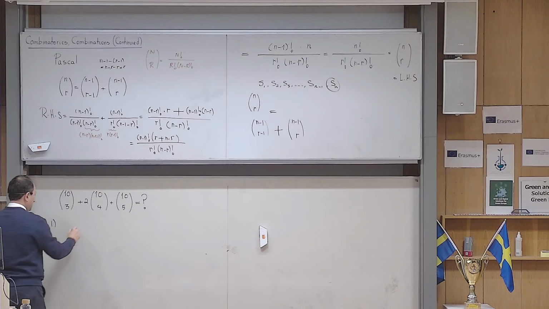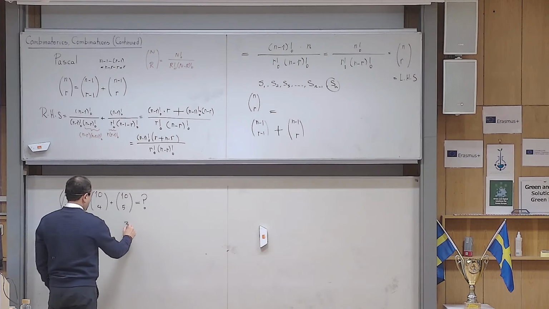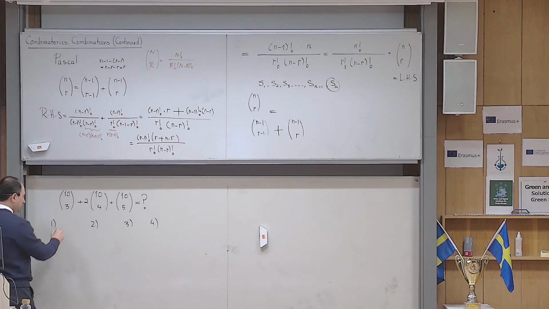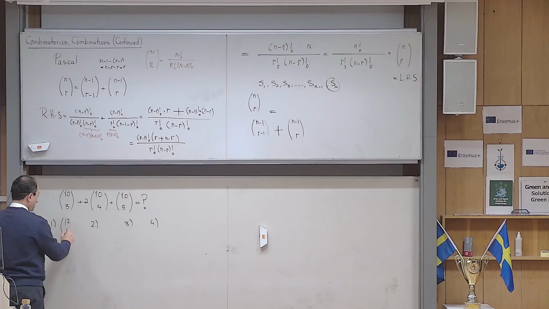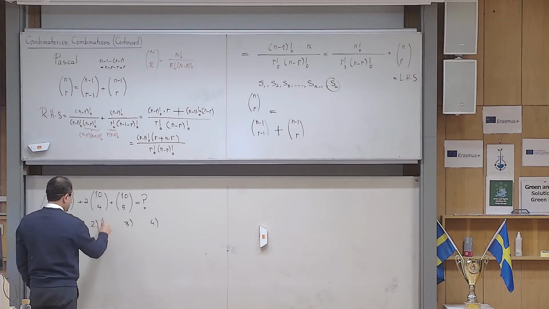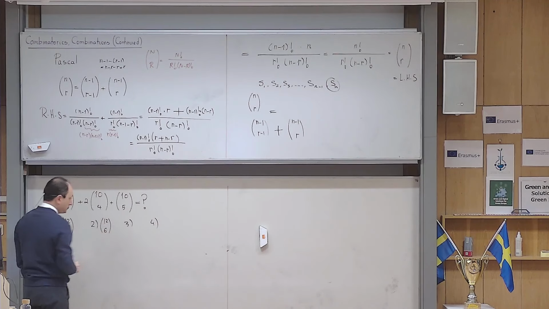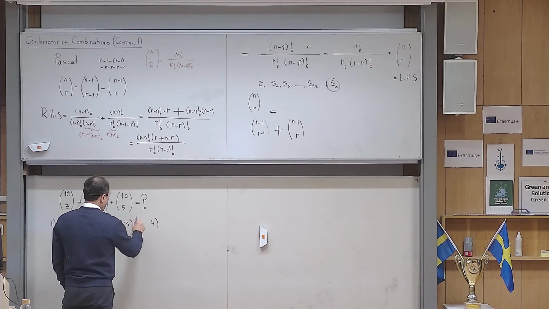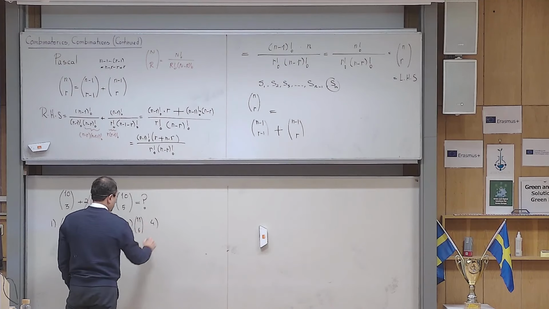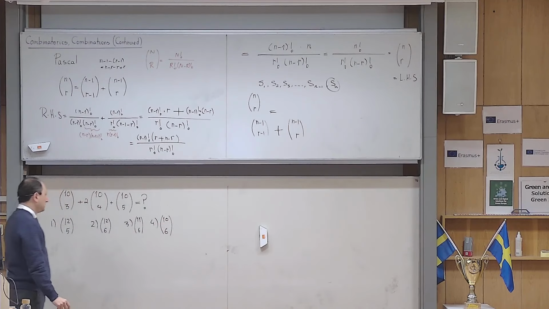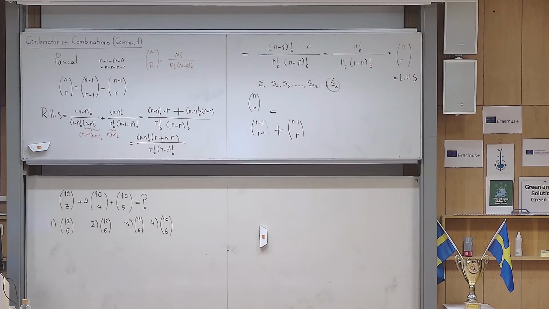The first option is 12 choose 5. The second option is 12 choose 6. The third option is 11 choose 6. And the next one is 10 choose 6. Of course, let us say that you don't have a calculator available.